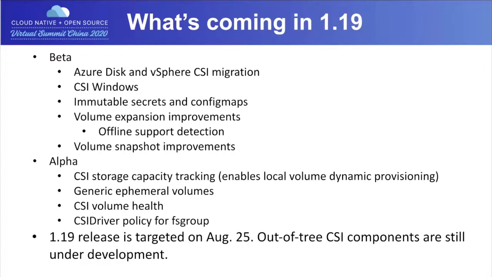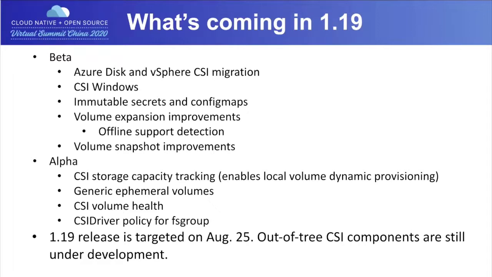The next alpha feature that we have added is CSI volume health. This basically provides a way for CSI drivers to monitor the status of provisioned volumes and to be able to report that back to Kubernetes.